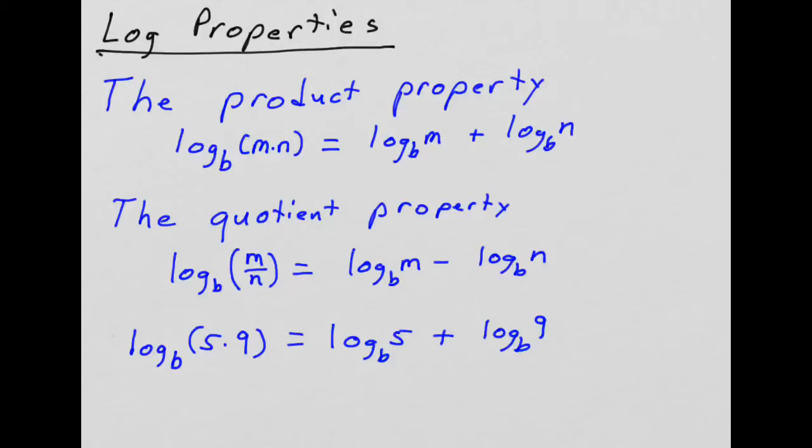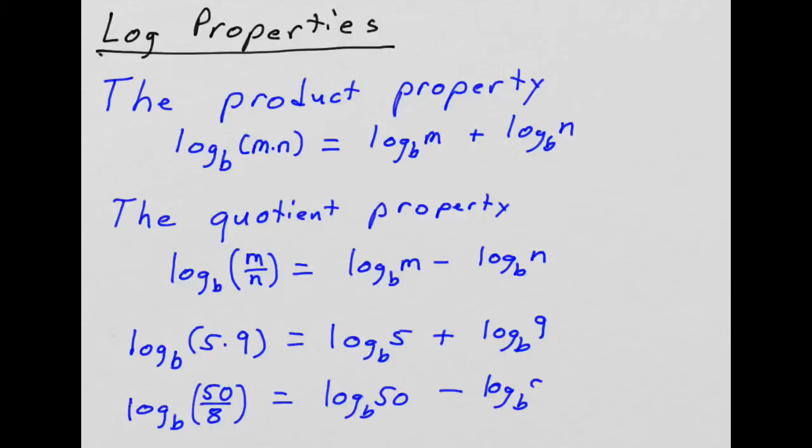And if we had a division, I could have log base b, say 50 over 8. Then it's going to be log b of 50 minus log b of 8. So a lot of the problems you're going to be doing is either expanding it or getting it from what we have on the right side here and changing it back to the left.